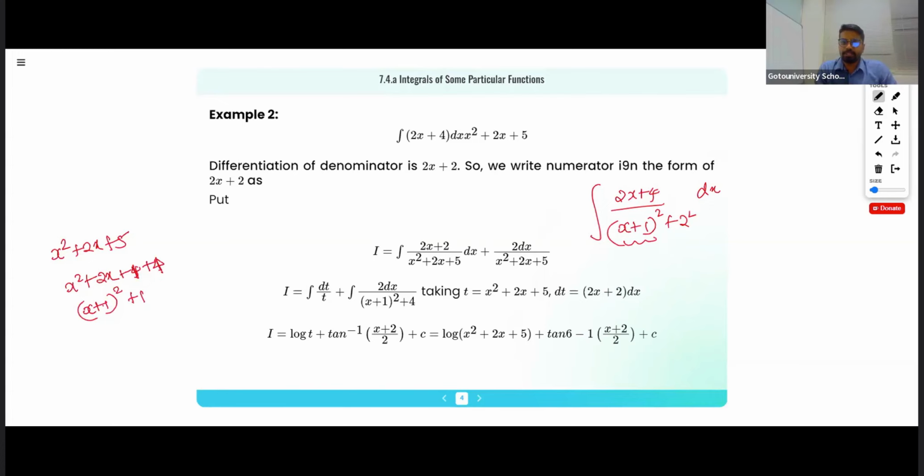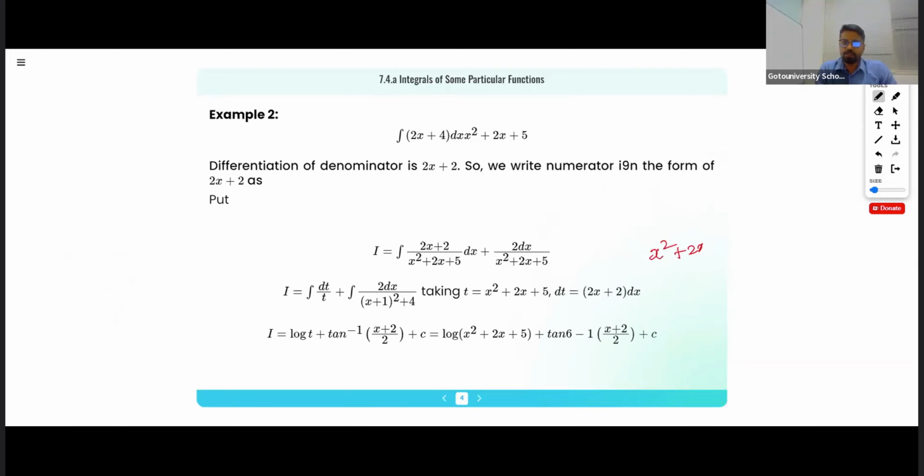So let us take the denominator, x square plus 2x plus 5, to be t. Now what happens? Its derivative is 2x plus 2, right? But in the numerator, what we have is 2x plus 4.